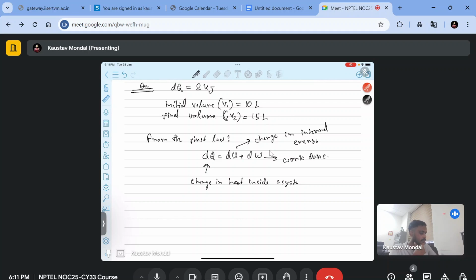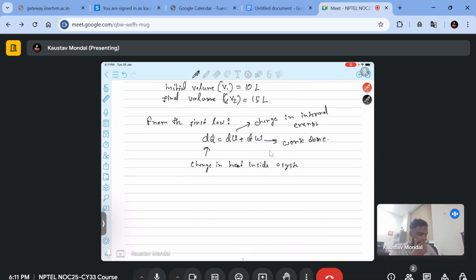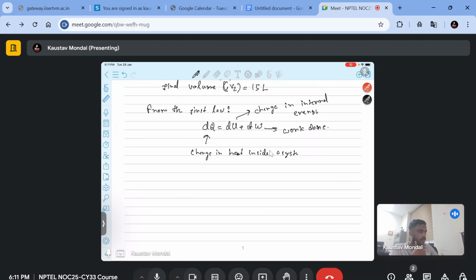The sign of this work done will depend on whether the work is done by the system or on the system. Depending on that, the sign of dw will be decided.